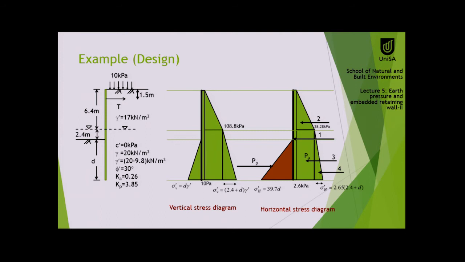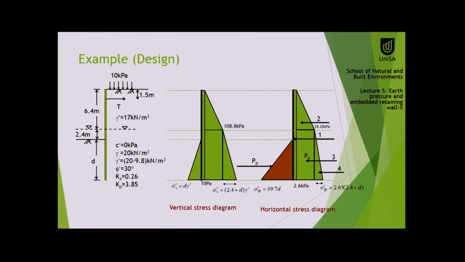This one over here, 108.8 times Ka, that is 0.26, it comes around 28.28. So from there to the bottom of the diagram it remains the same. The bottom triangle, number 4, we multiplied that one with Ka. Again, gamma prime was 10.2 times 0.26. It becomes 2.65 times 2.4 plus d. So we get the diagram now.